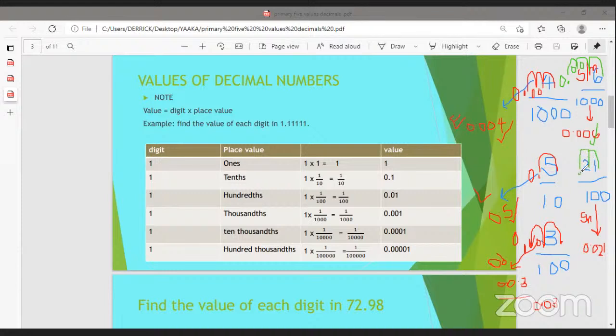So the decimal point will be put there. Then we shall have a 0 here. So our answer will be 0.21. Shalom, have you seen how we've moved?